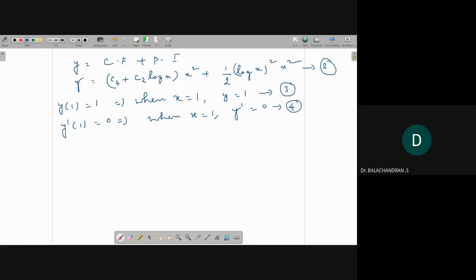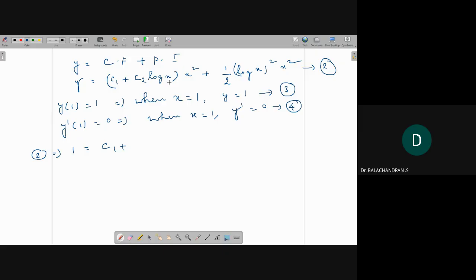Now first I'm going to substitute when x is equal to 1, y equal to 1. So substitute the initial condition 3 in 2, we will have: y is 1, c1 plus c2 into log 1, x is equal to 1, so log 1 is 0.